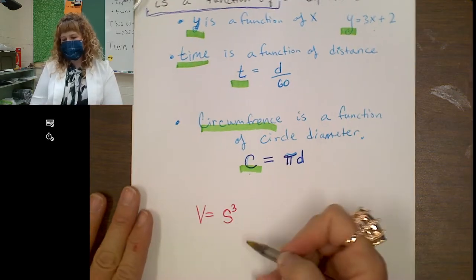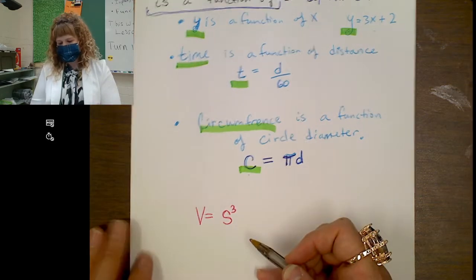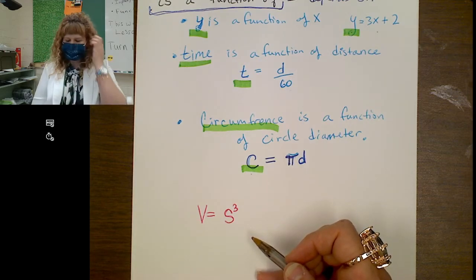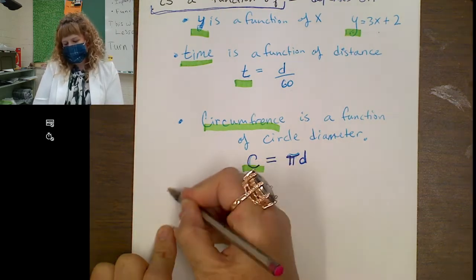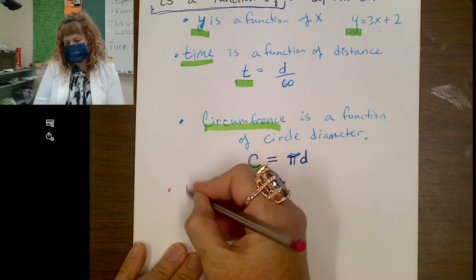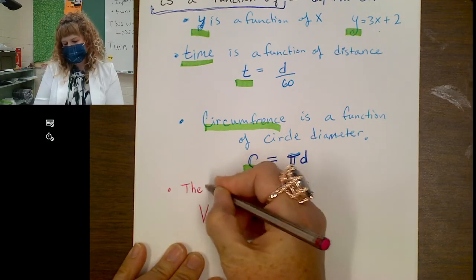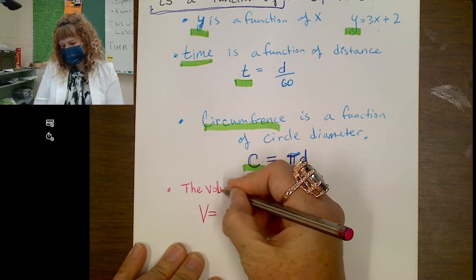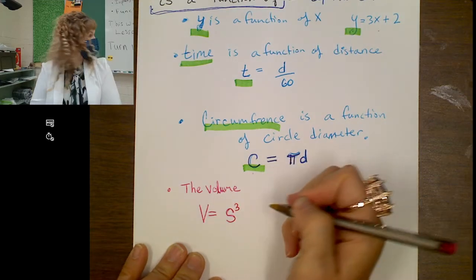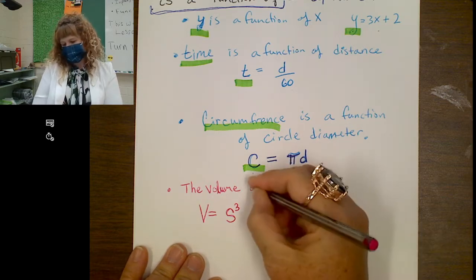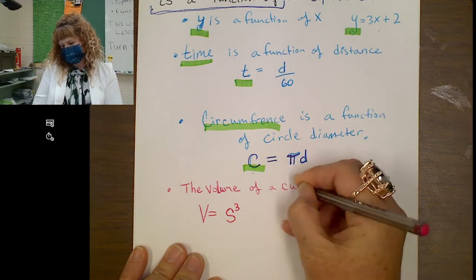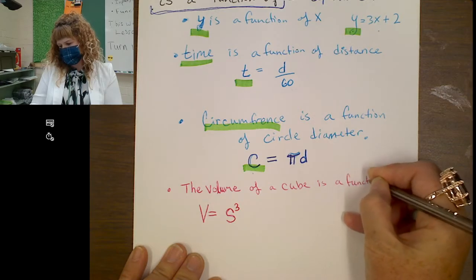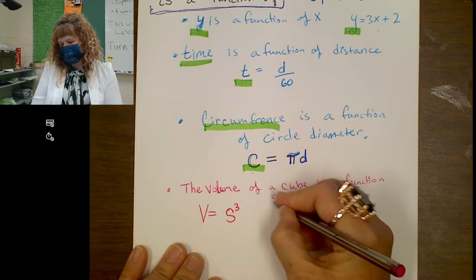Okay, let's keep going with vocabulary. And I'll use this expression that I just wrote down. Remember I said the volume of a cube, you can write this on your paper. The volume of a cube is a function of side length.